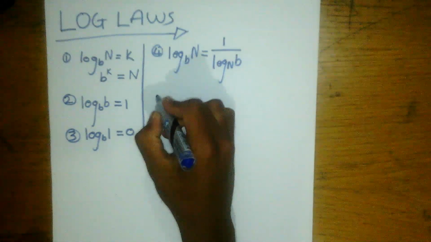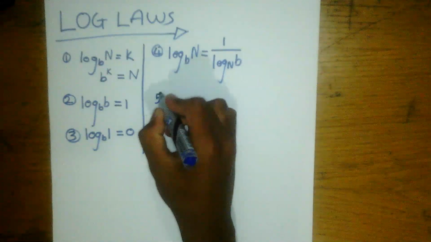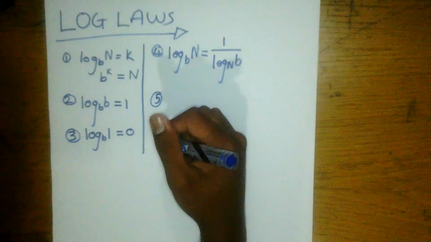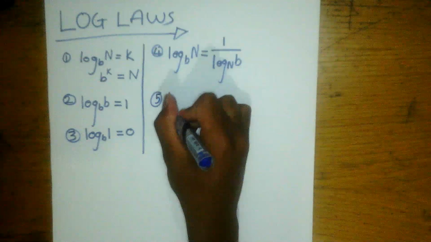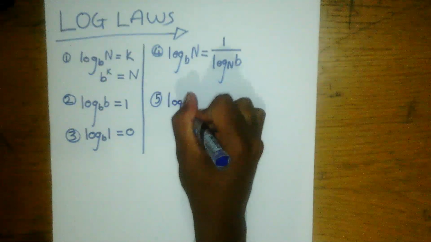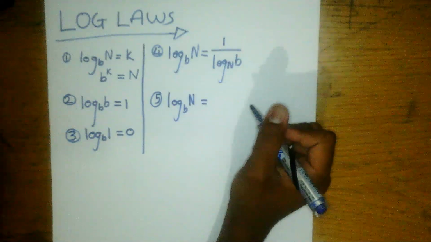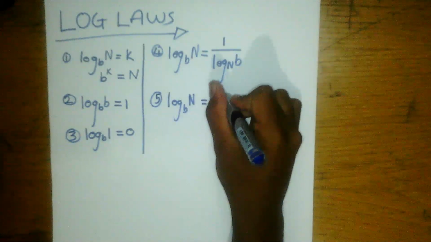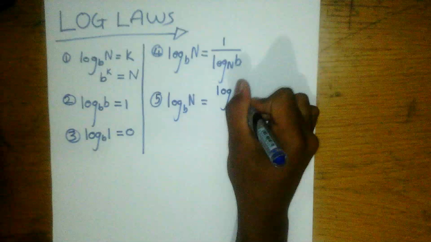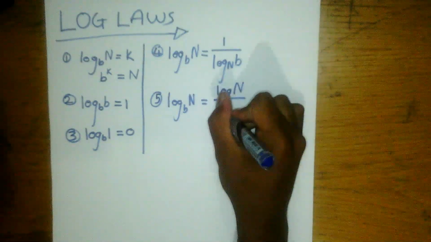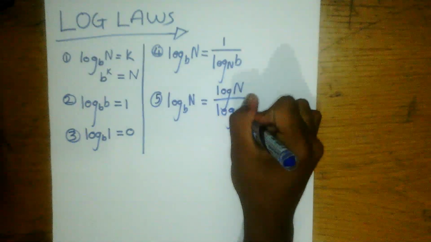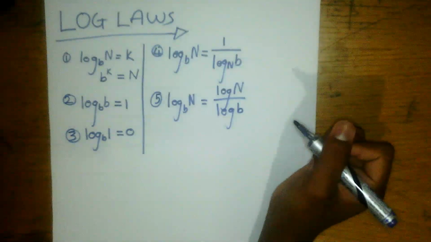Number 5 is saying log b of n equals log n over log b.